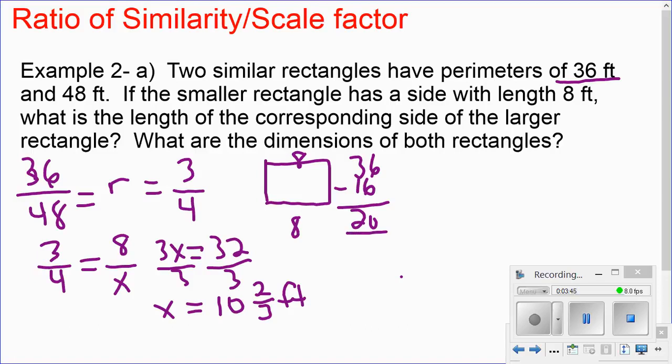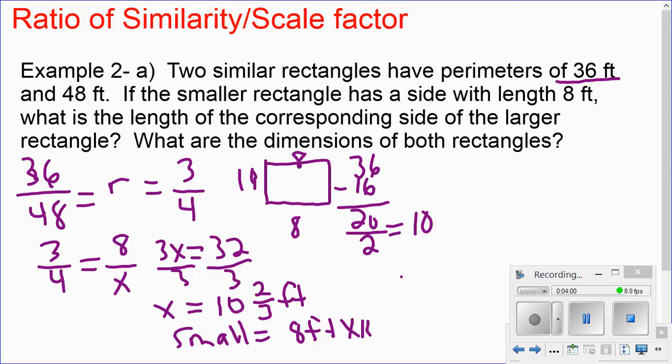So I know those 2 widths are congruent, so I'm going to divide 20 by 2 and get 10 each. So the small rectangle has dimensions 8 feet by 10 feet.